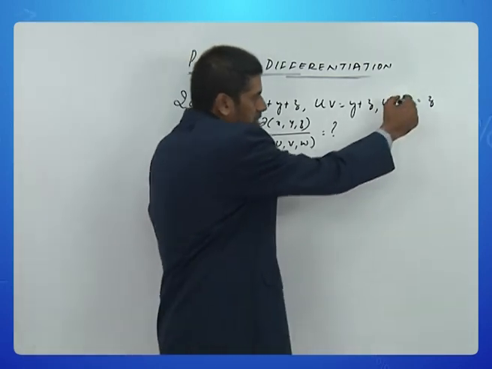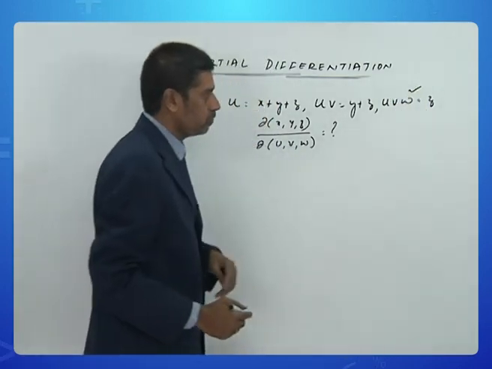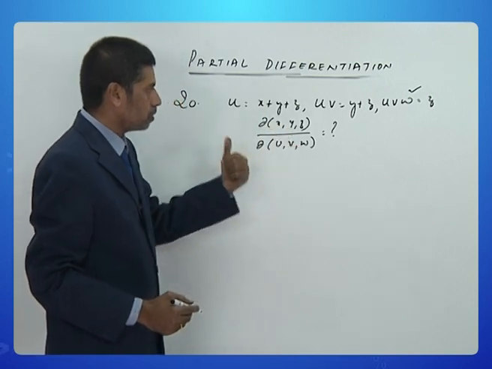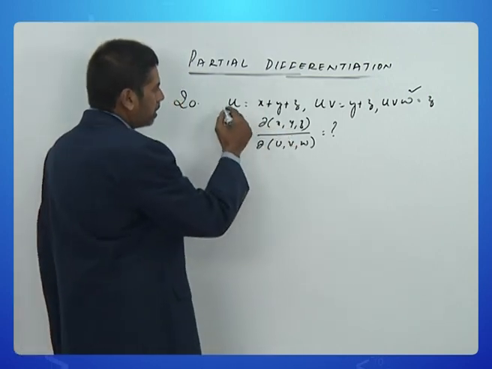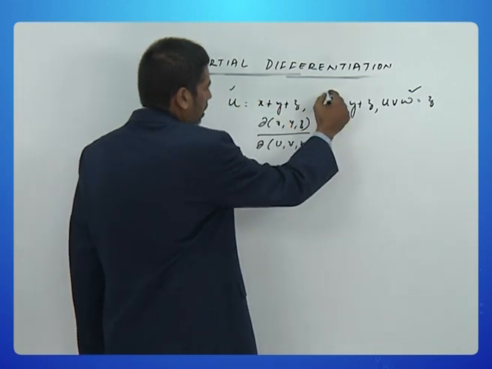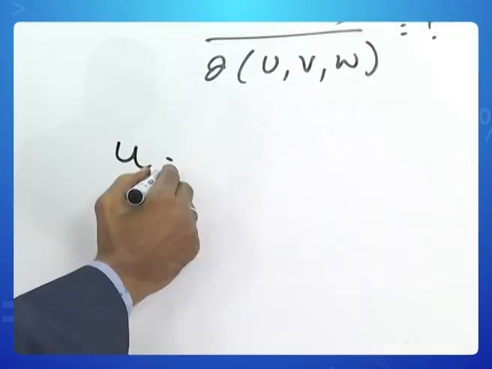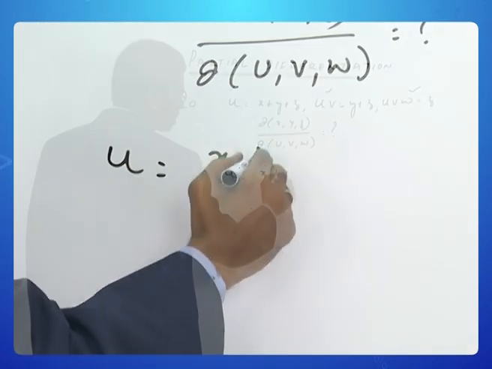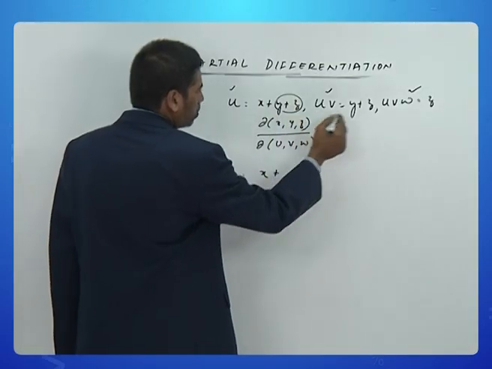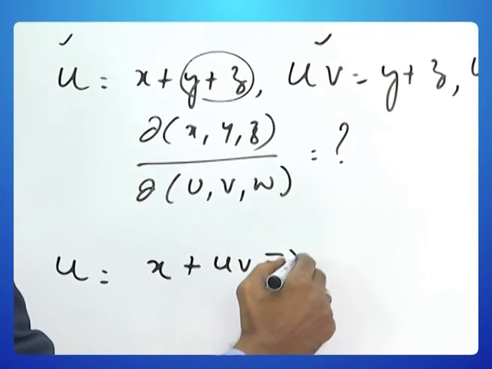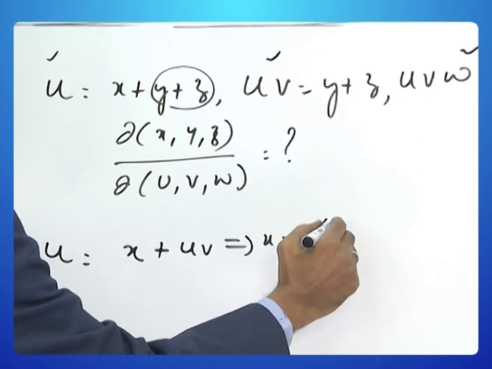Please observe, z is directly available as uvw. So we need expressions for x and y in terms of u, v and w. If you combine the first and the second transformations, you can write u is equal to x plus y plus z, which can be replaced with uv. So this implies x is equal to u into 1 minus v.